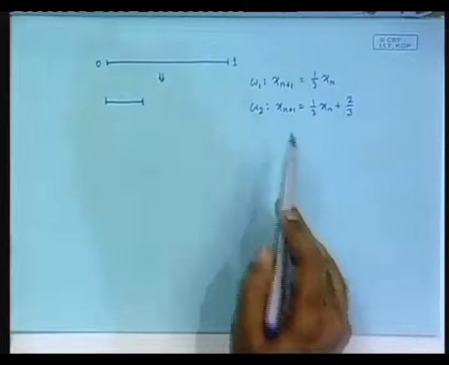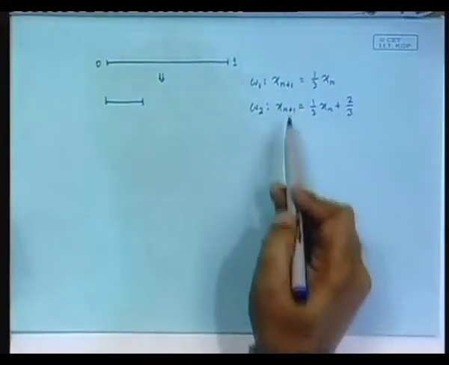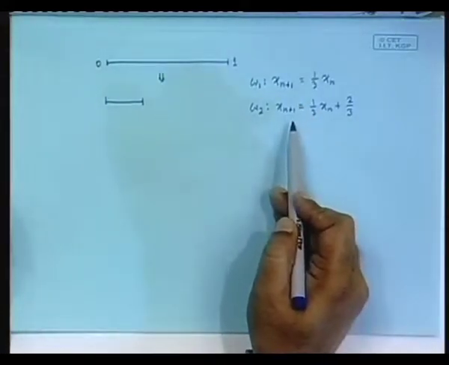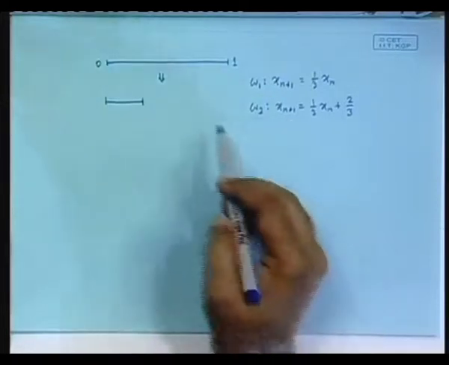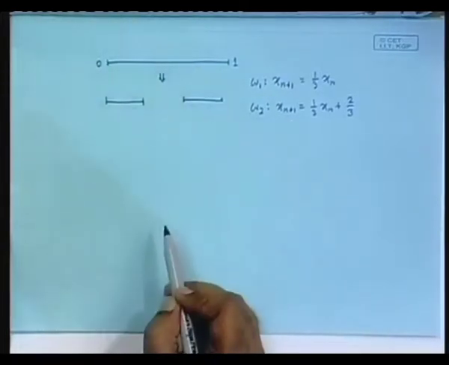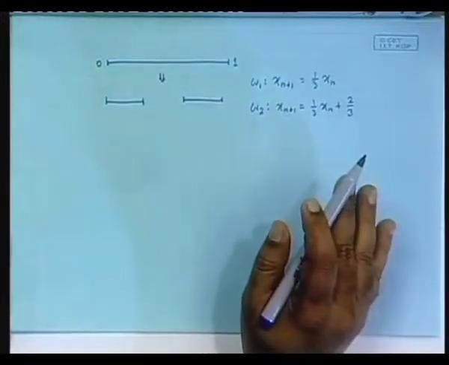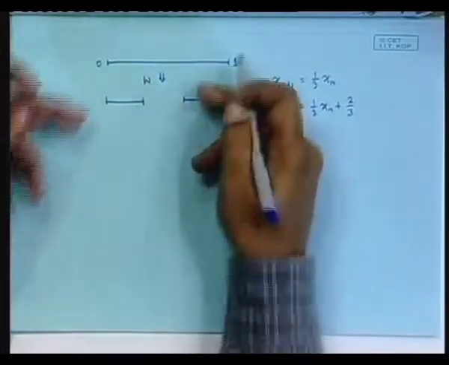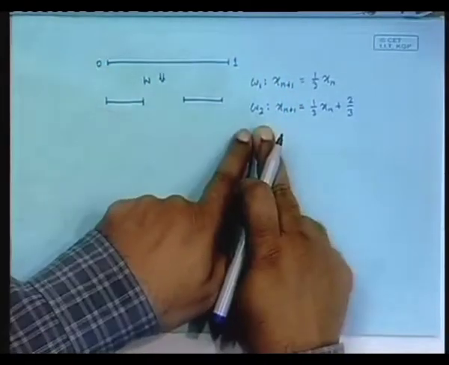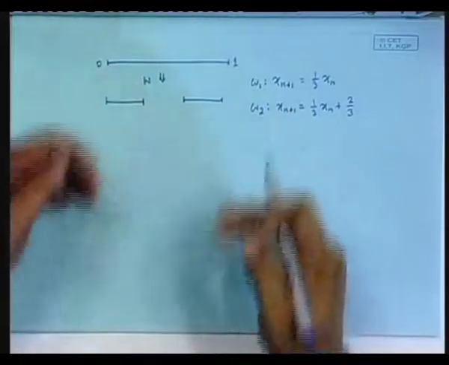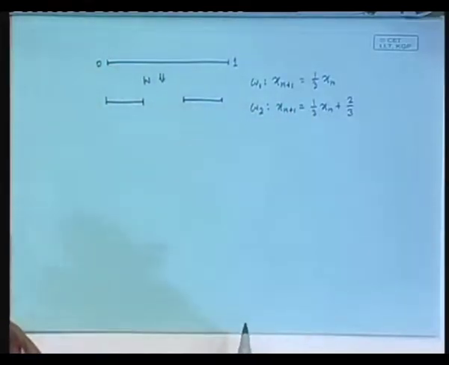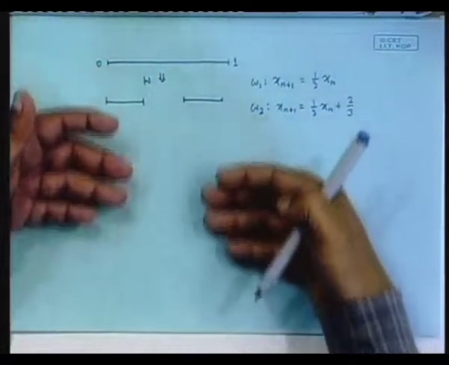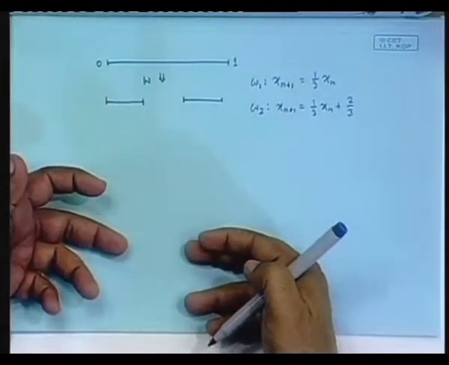Now, if I say ultimately my mapping is the union of the two, this and that put together will now be my capital W, which is the union of W1 and W2. Repeat this procedure, what do you have? The Cantor set. Yes, we have already done that. So, if you repeat this procedure, it converges onto the Cantor set.